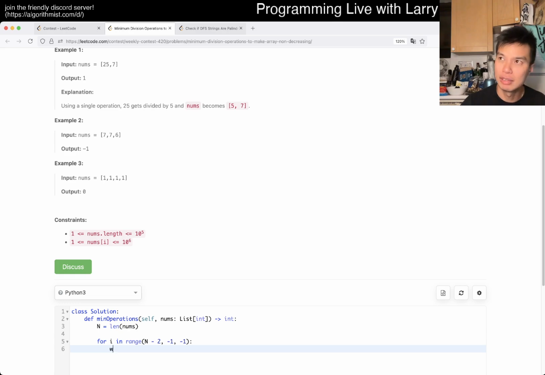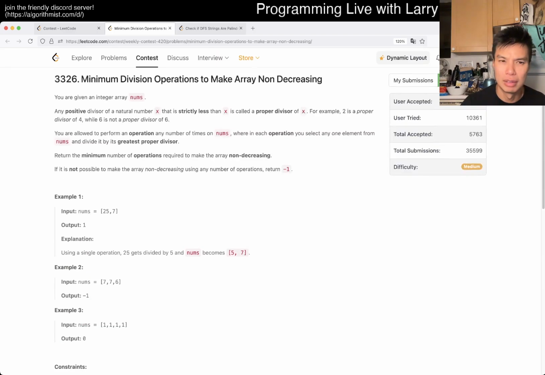Okay, so 1 is no good, 2 is no good. I guess prime numbers are no good, since they can't be divided. Every other number is good.